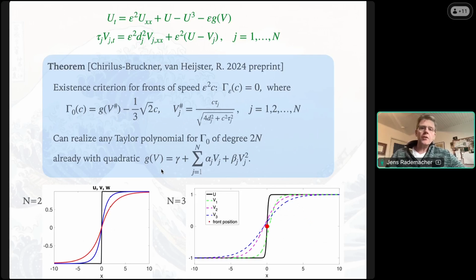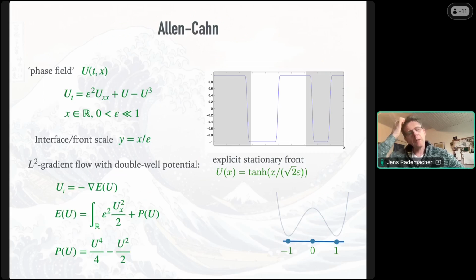Okay, so this is just saying about the existence problem of fronts. And let me now explain a bit more how this front can be thought of in terms of this Allen-Cahn equation. So the scalar Allen-Cahn equation is very simple in a way, and has been introduced as a phase field model for phase separation. It's the simplest kind of phase separation where you have two phases of a material or so, which are normalized to -1 and +1.